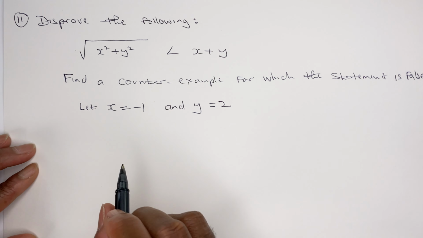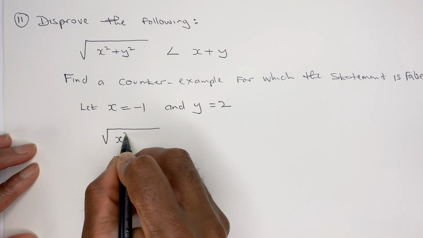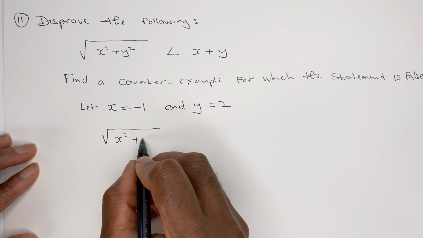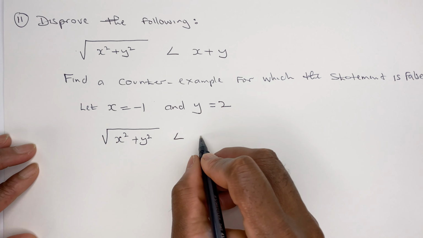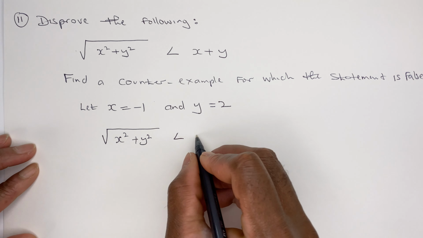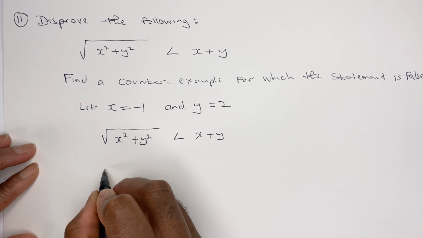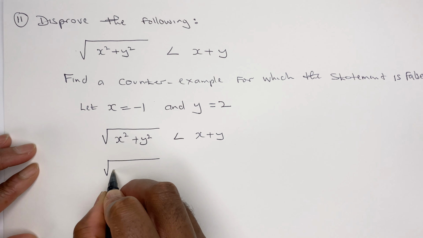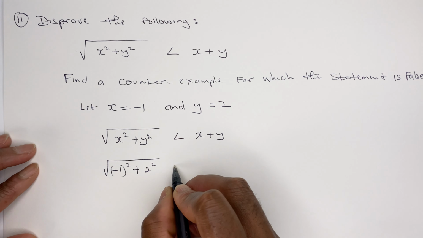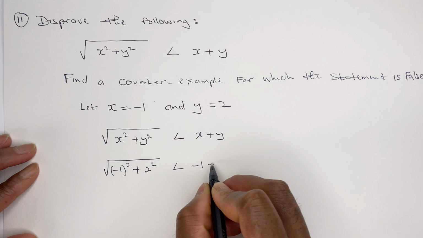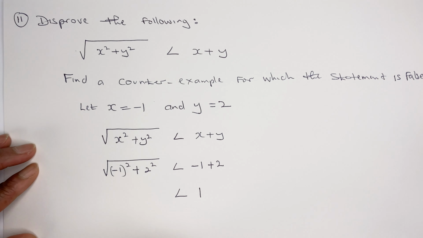So what we now need to do is substitute those values into this expression, to confirm if the left hand side is less than the right hand side. So I would say the root of -1 squared plus 2 squared should be less than -1 plus 2. Well, -1 plus 2 is 1.